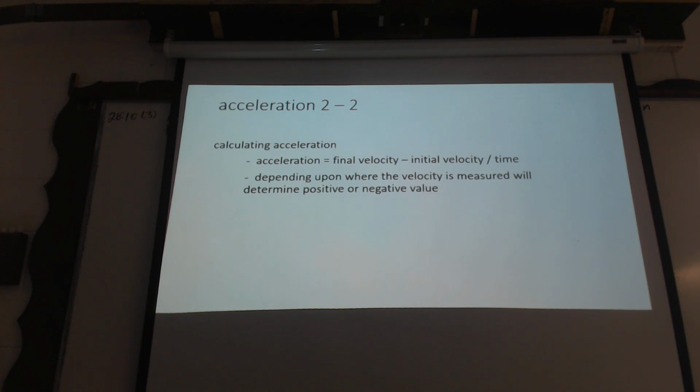Which is a negative value? Yes, you're on the right track. Acceleration or deceleration and having a negative value is the same thing. What about velocities then? That's correct when you say no. Okay? So all velocities are positive. Accelerations can be positive or negative.